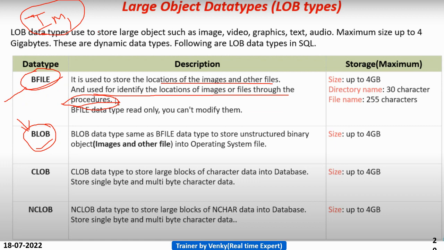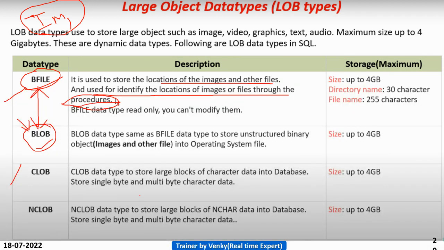So now my requirement is I need to store the image and other files. What is the data type to store the image? We should use both BLOB and BFILE. Why should we use both BLOB and BFILE?